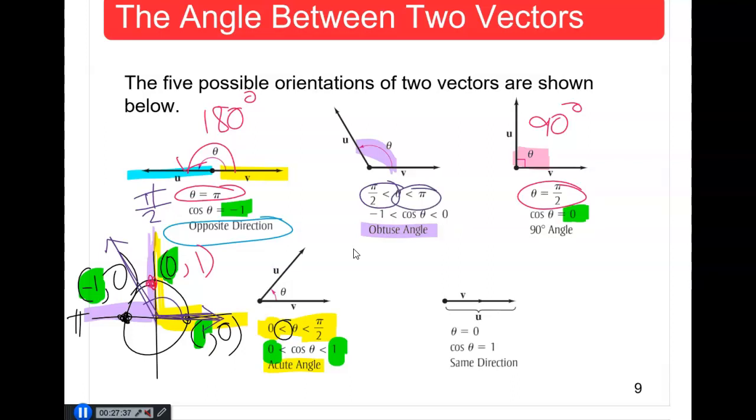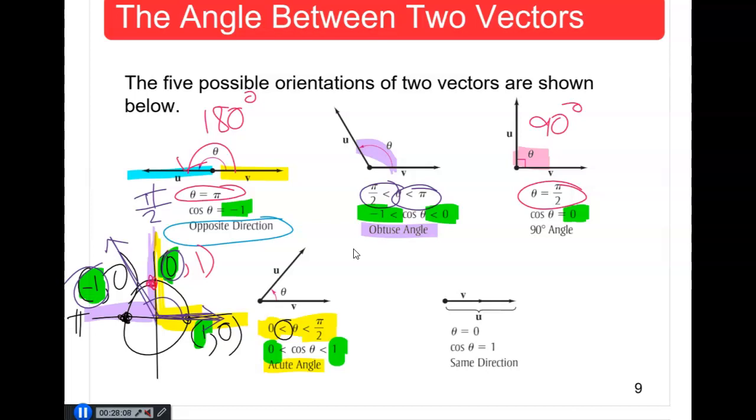So the terminal side will be in quadrant 2. So for that, if we look at the cosine values that we have here, 0 and -1. Remember, we start with a small one. So the cosine of theta will be greater than -1 and less than 0. Remember, we start from small to large, left to right, so -1 is smaller than 0.